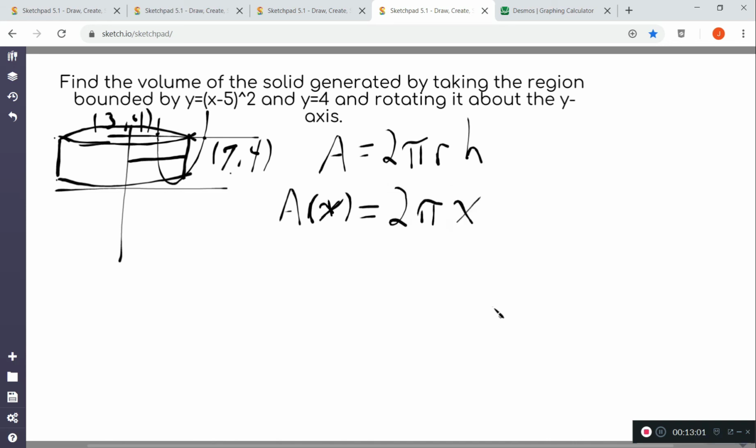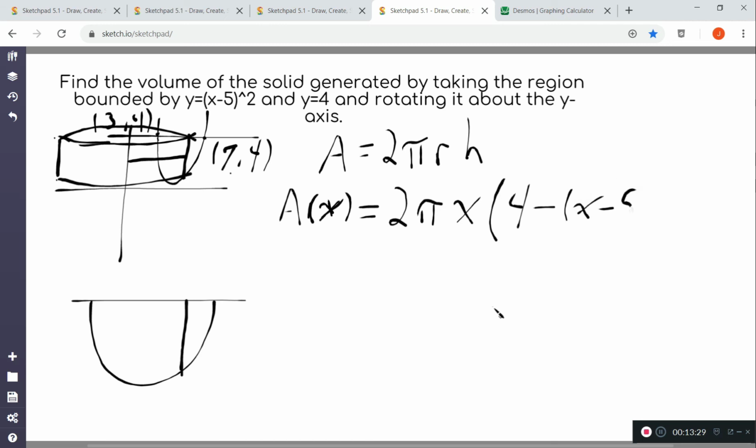What would the height be? So in this case, our height is not just one curve. The height of the cylinder is not just the distance to 4. If we look at our curve, if I want to know this distance right here, that's our height, I need to take the top curve minus the bottom curve, or in this case, 4 minus the quantity x minus 5, quantity squared.